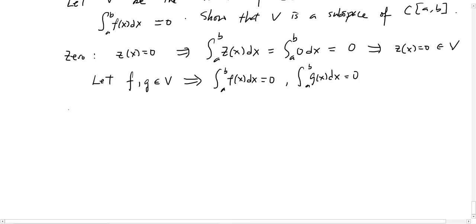Well, let's see. So what I'm going to show is that f plus g is in V. So let's figure out what that is. Let's consider f plus g of x, and I'm going to try to take the integral from a to b dx.